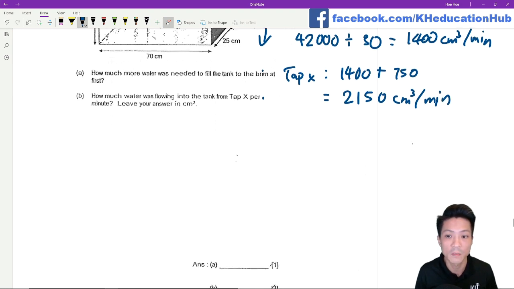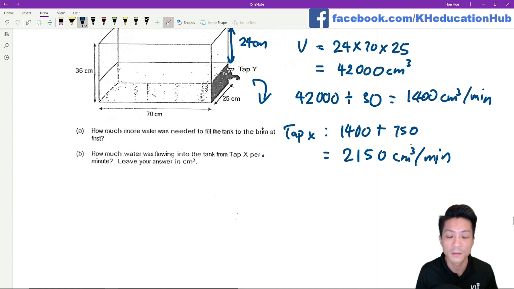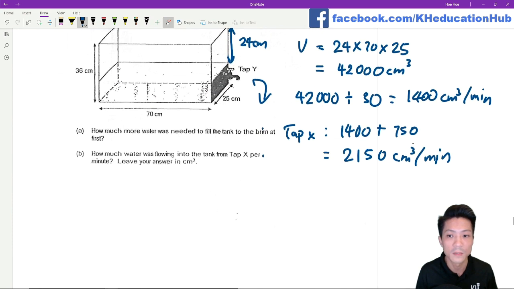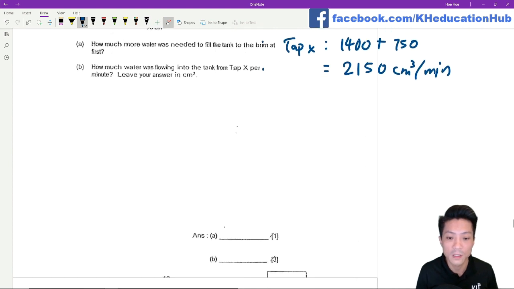That will be the answer for part B. Part A is 42,000. Part B is 2,150.